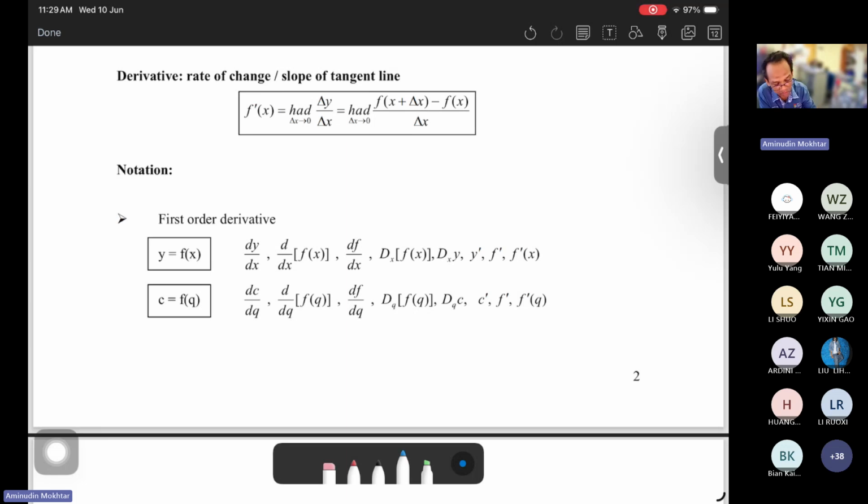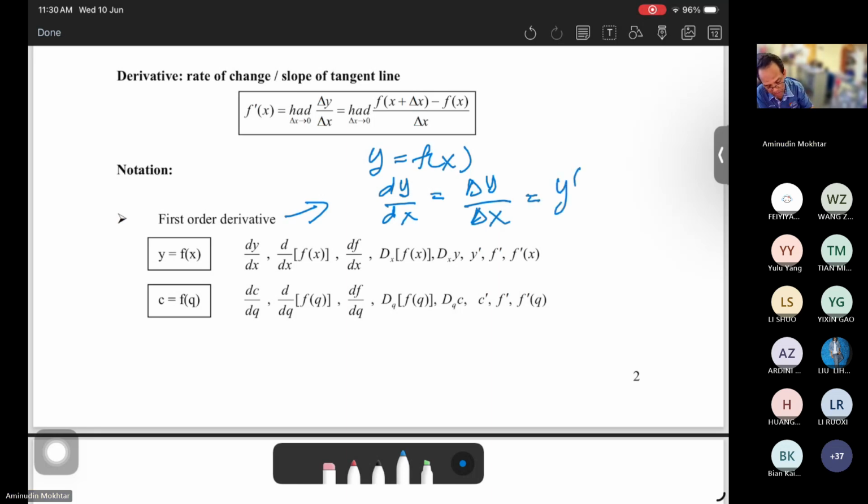First order of derivative, and then the symbol of the derivative of the first order, perbezaan darjah pertama, perbezaan darjah kedua, can be written as, if you assume we have this function y equal to f(x), the first order of derivative is written as dy/dx, or equal to delta y over delta x, or equal to y prime or f prime x.